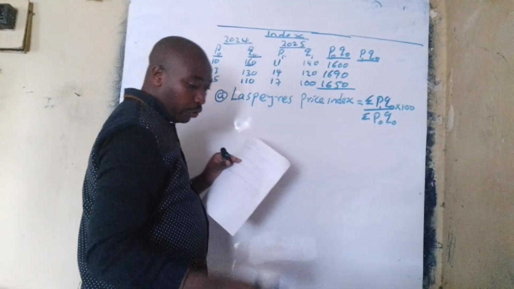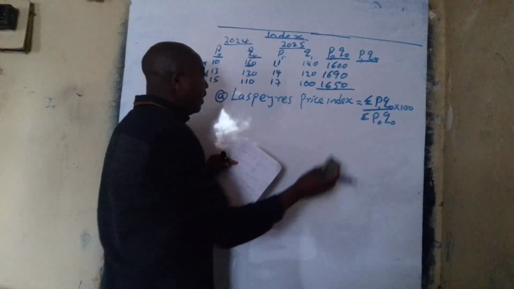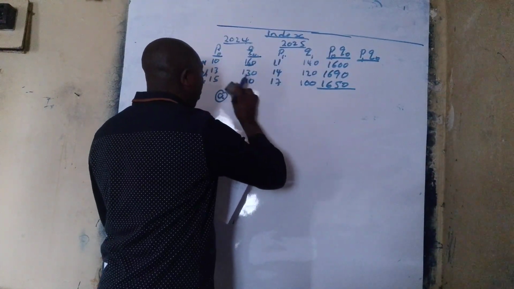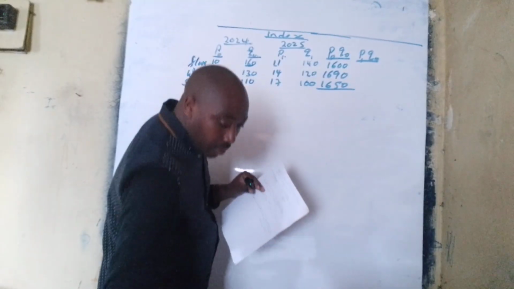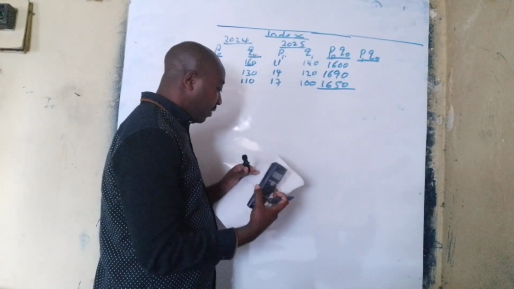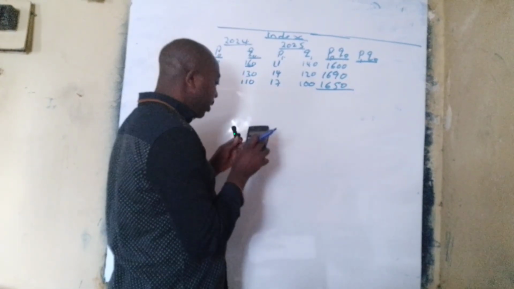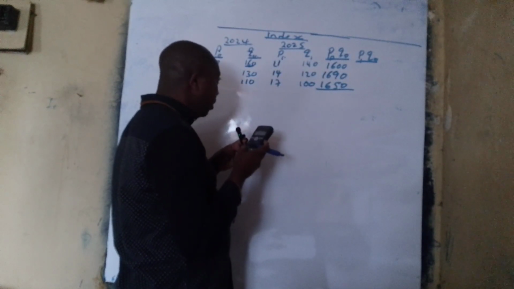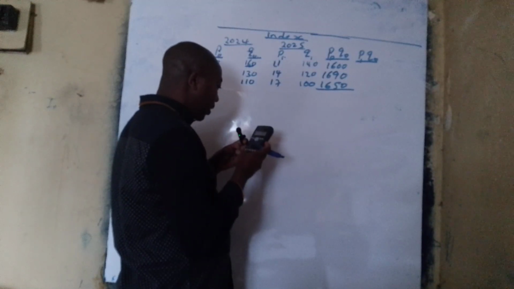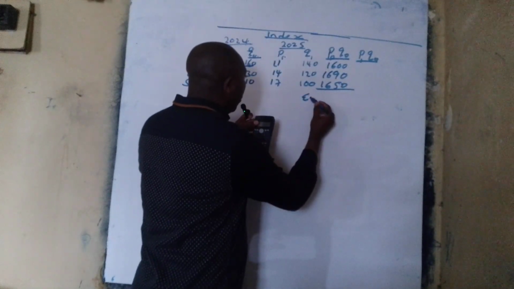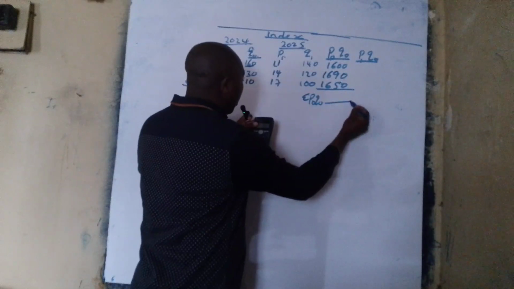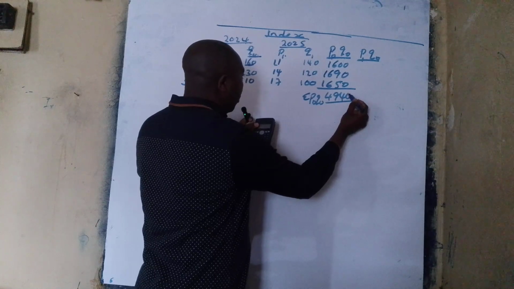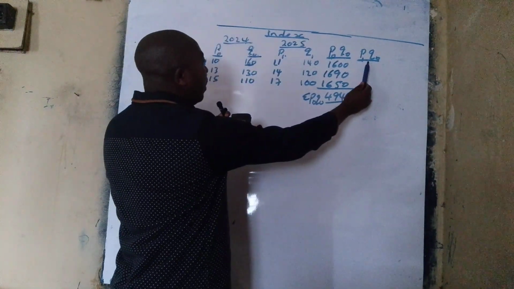So let's get the summation. Summation means total. We sum it up. Take 1600 plus 1690 plus 1650. So our summation of P0Q0 is 4940.